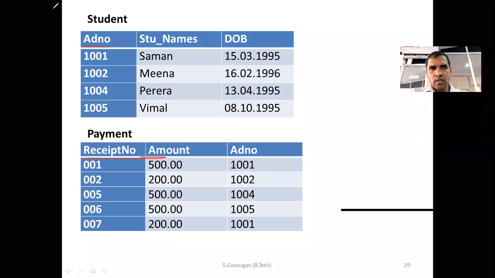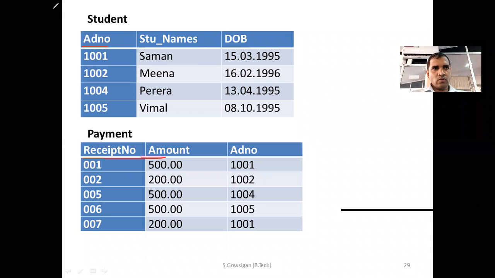You have to write receipt number in payment table, or in short, receipt number dash payment table. Students often make such mistakes in exams. So whenever you are asked to write a primary key, write it with the table name. That is important.